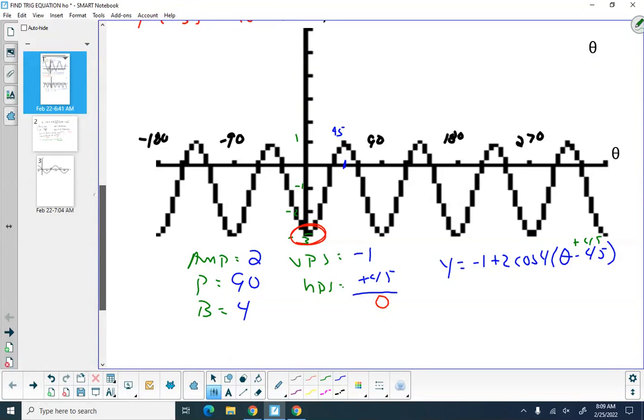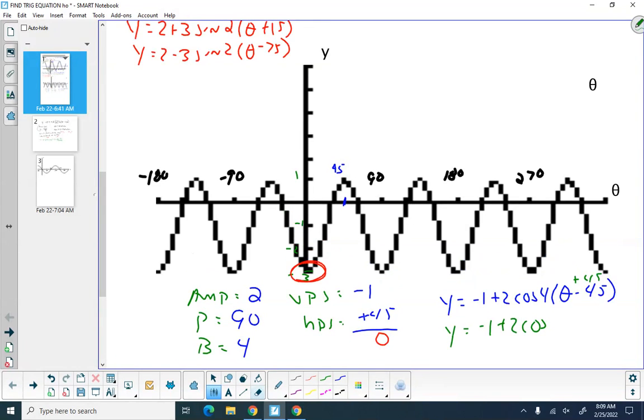And what it does is it simplifies your equation. Y equals -1 plus 2 cosine, or minus 2 cosine of 4 theta. And just use this value right here to start the valley. Eliminate your horizontal phase shift.